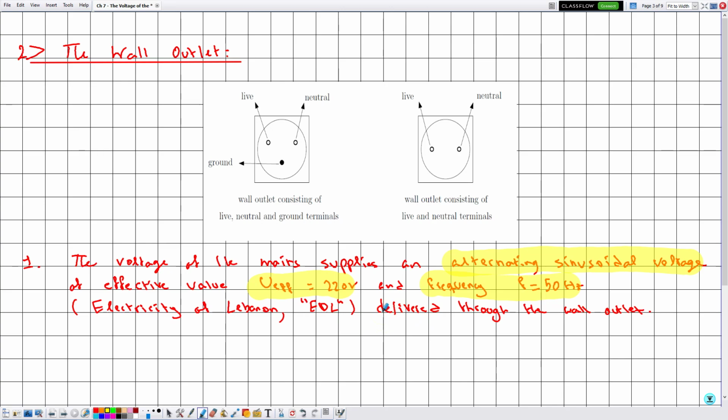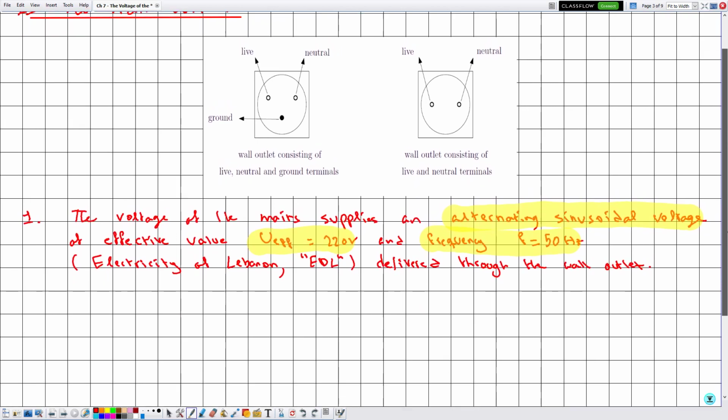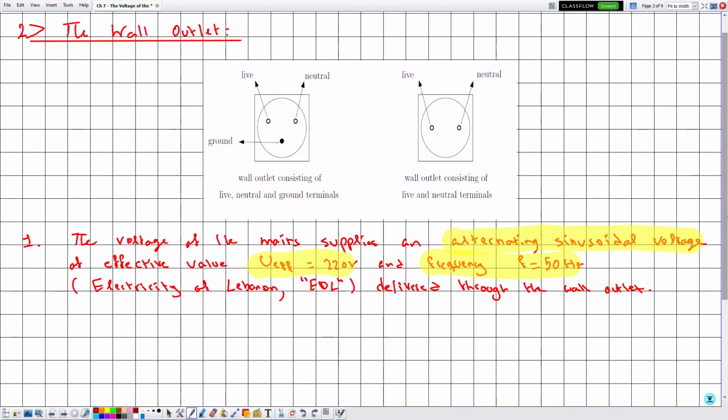So the voltage in Lebanon is an alternating sinusoidal voltage, its effective value is 220 volts, and the frequency f is equal to 50 Hz. Why must one memorize these properties? Because this is important whenever it comes to choosing electric appliances, because each electric appliance has certain indications and it won't function normally unless it has the same indication.